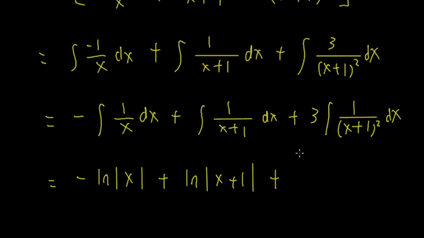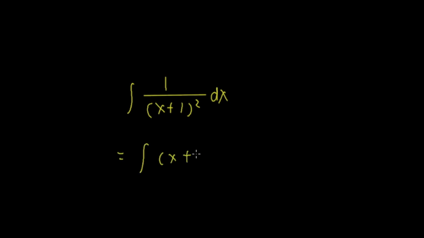Okay, think about it like that. Let's do here. Integral of 1 over x plus 1 to the power of 2 dx. Because the highest degree of power inside the bracket here is just 1, you can see it as this: integral of x plus 1 to the power of -2 dx. You can write it like that.